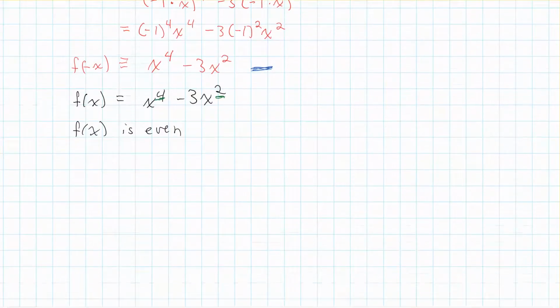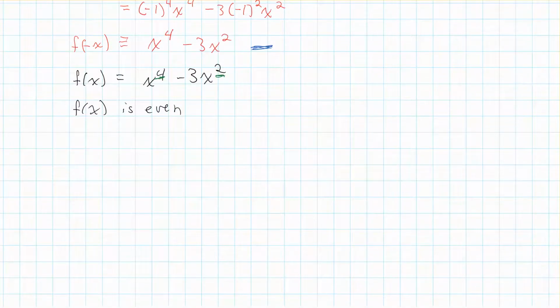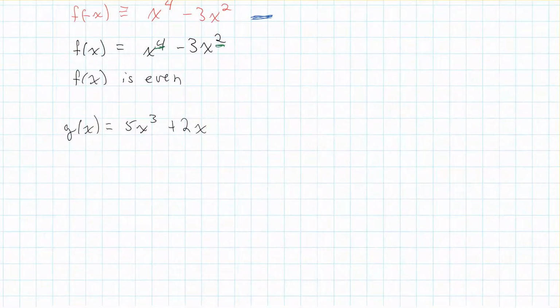Now, if we do another example, you can probably guess where the odd gets its name. So if I look at, for instance, g at x is equal to 5x cubed plus 2x, and I want to, again, test for even and odd, well, let's go ahead and look at g at negative x.